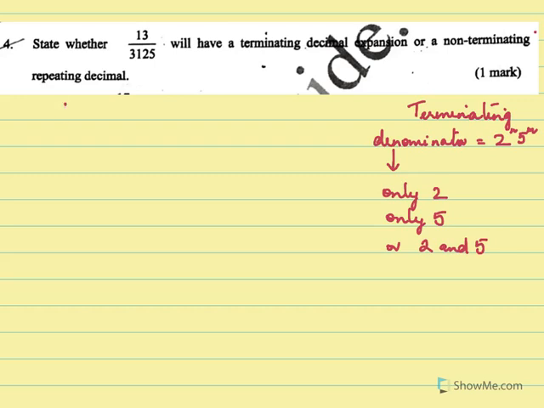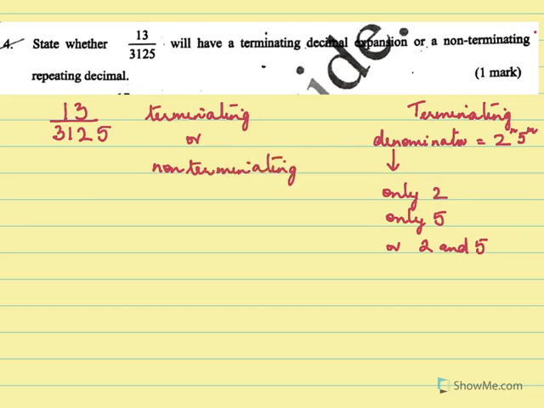So if I want to decide is 13 by 3125 terminating or non-terminating, I need to find the prime factorization of the denominator.